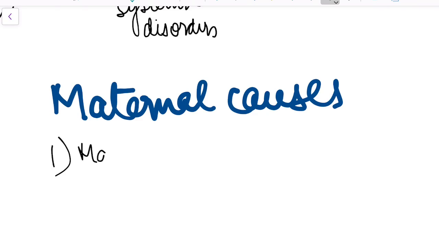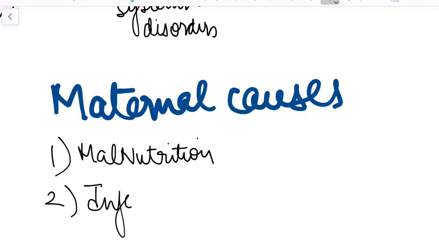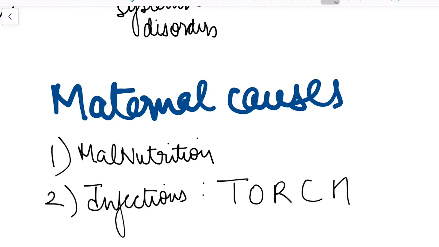First can be malnutrition. Second can be infections. Infections we all know, famous TORCH infections. T is for toxoplasmosis, R is for rubella, C is for cytomegalovirus, and E is for herpes. Simple.